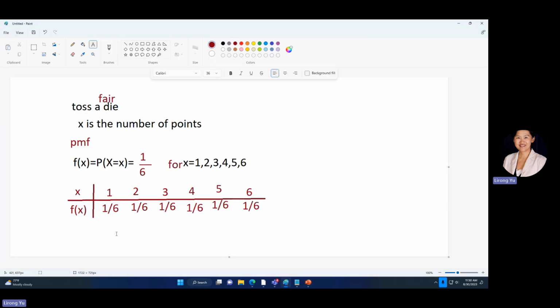For example, what if I want to find the probability that X is less than 3? Then the probability will be 1/6 plus 1/6, because for it to be less than 3, there are 2 of them. So it's 1/6 plus 1/6, which is 2/6, or 1/3.